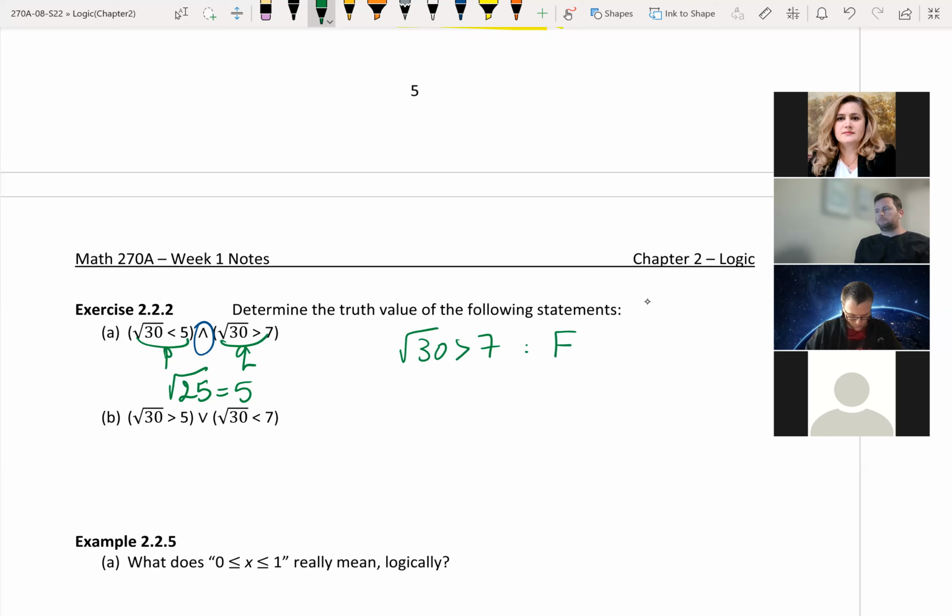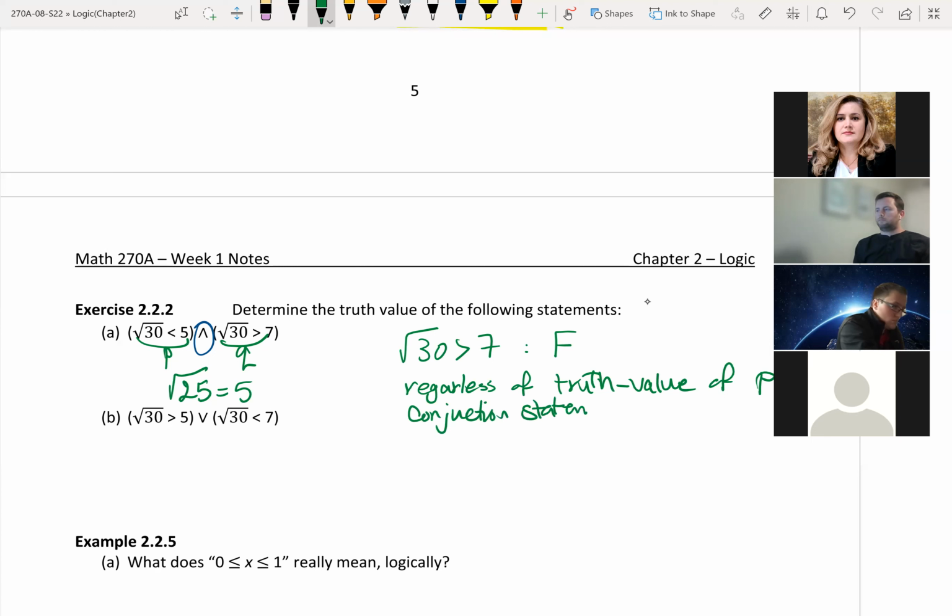So regardless of the truth value of the first one, since the second one is false, the conjunction statement is false.